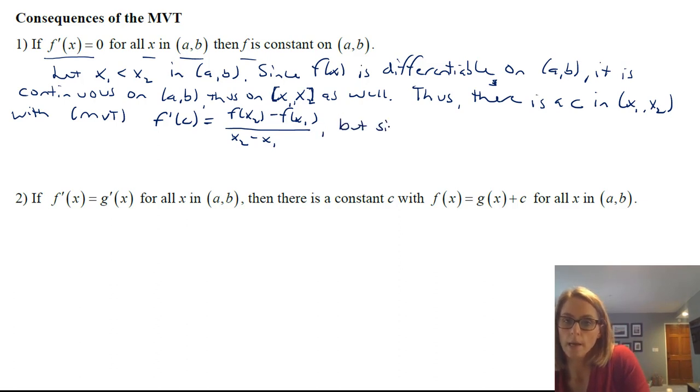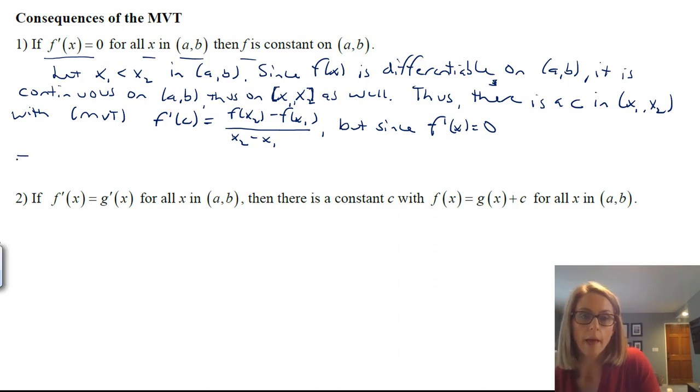Okay, but we already were told here that the derivative is always 0, so at whatever value of c that occurs, since f prime of x is 0 for everything, this has to be true.